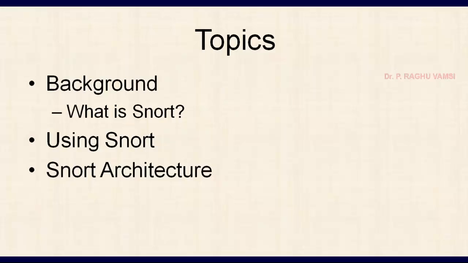And one more thing, Snort is a network level intrusion detection system, and it will work based on signatures. Signatures in the sense of rules: the rules that you frame, based on that the intrusion detection activity will happen. So in this lecture we'll see the background of Snort, its features and its architecture.